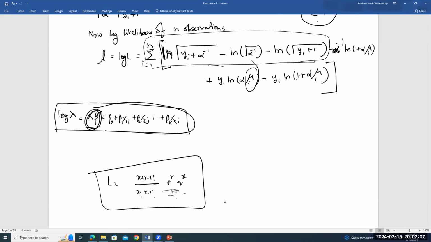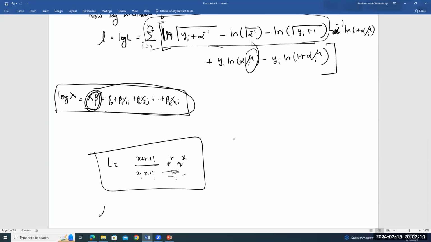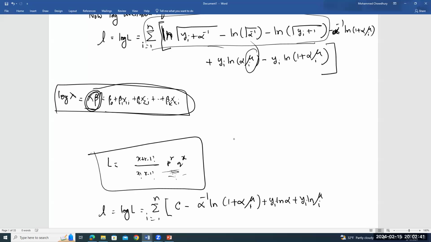So take a look: L, log of L, the sum with i going on, this quantity I just want to make a constant C, and then minus ln 1 plus alpha mu i, plus yi ln alpha plus yi ln mu i minus yi ln 1 plus alpha mu i.